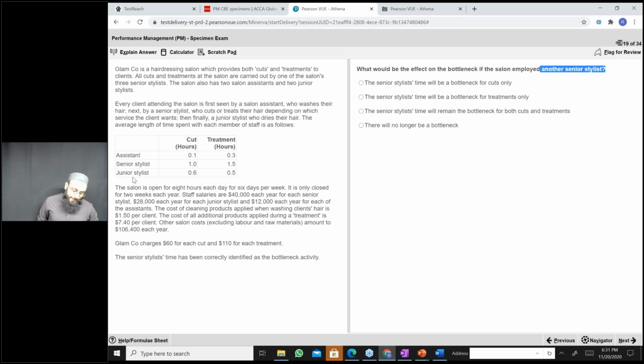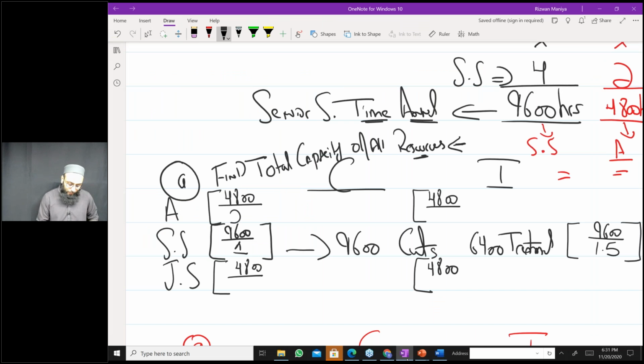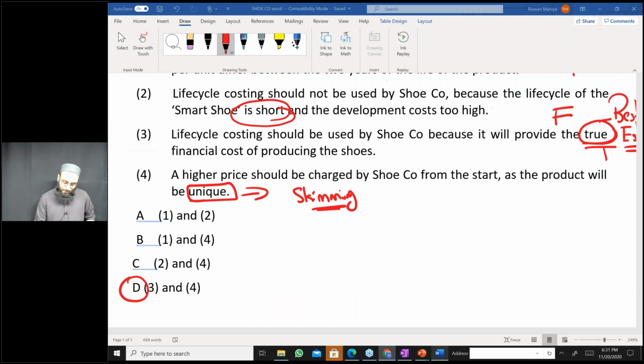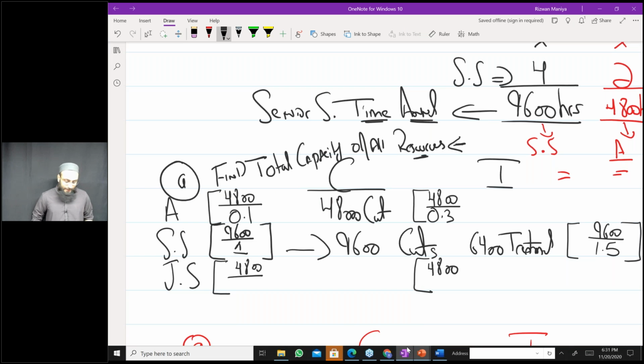So let's check the time that they are taking. Assistant takes 0.1 hours for 1 cut and 0.3 hours for one treatment. So let's divide. 4,800 divided by 0.1 makes 48,000 cuts. And the second was 0.3. So 4,800 divided by 0.3 gives 16,000 treatments.